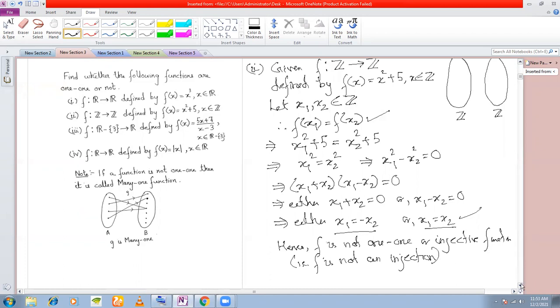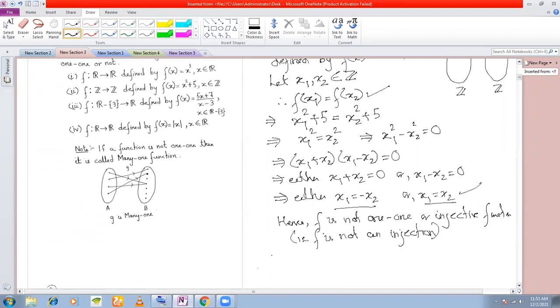Okay. And if f is not 1 to 1, then what is it? f is a many to 1 function. Okay, so that is the second one. Let's move to the third one.